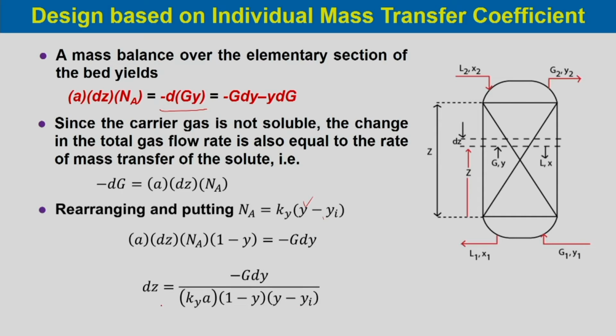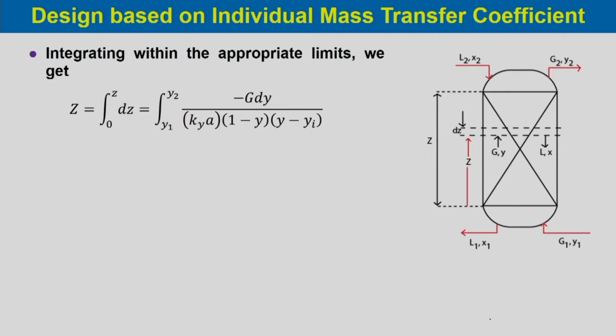If we rearrange, dz would be minus G dy divided by kya into (1 minus y) into (y minus yi). Now, if we integrate within the appropriate limits, we get z equal to integral 0 to z of dz, which is equal to integral y1 to y2 of minus G dy divided by kya into (1 minus y) into (y minus yi).